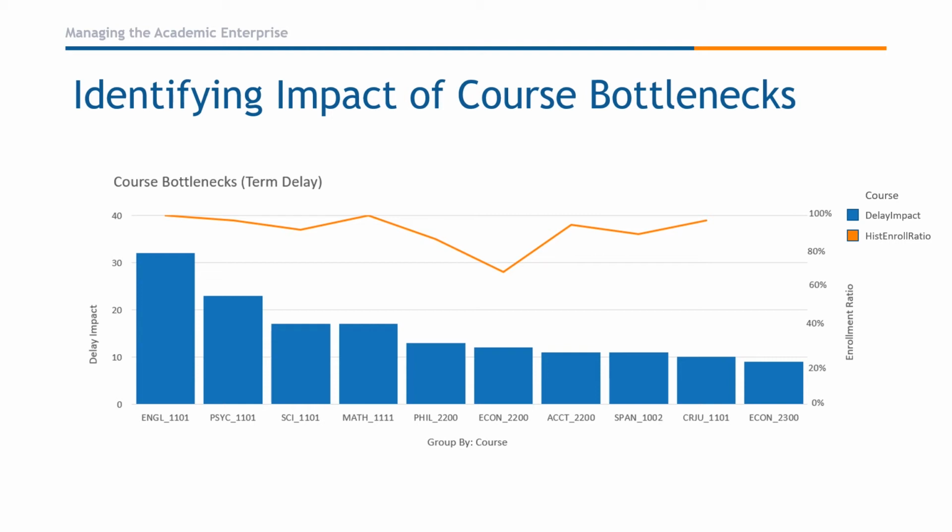Its enrollment ratio is less than 80%. Students take this course late, but it doesn't seem to be because there's a lack of seats. The institution may want to evaluate the prerequisites for Econ 2200, or maybe there's an advising issue that's causing that course to be taken later. Data like this can help institutions understand which levers to pull to mitigate the risk of delayed courses.